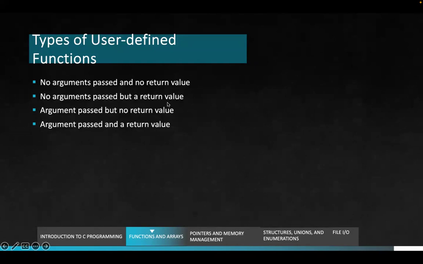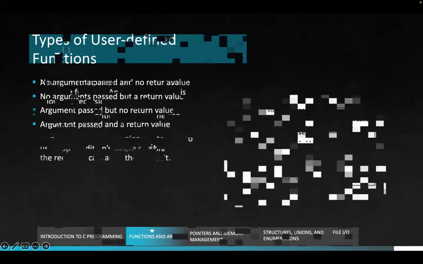So there is no need for any arguments, but once the instructions get executed, it returns some value to the called function. The third type is arguments are passed, but no return value. The fourth is arguments are passed with a return value. These are the 4 different types of user-defined functions.